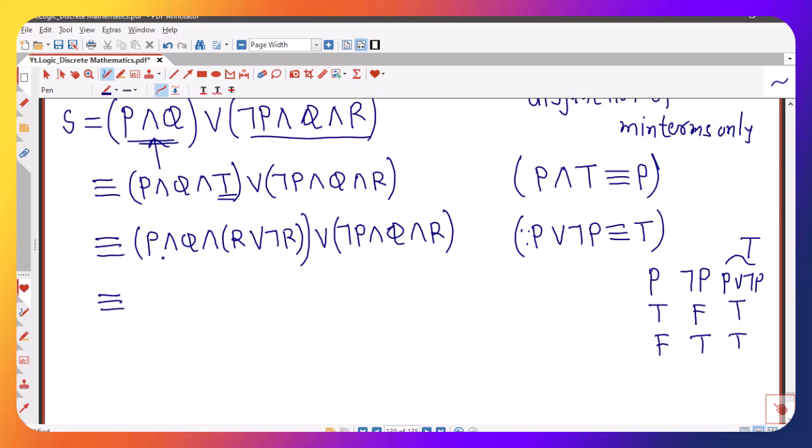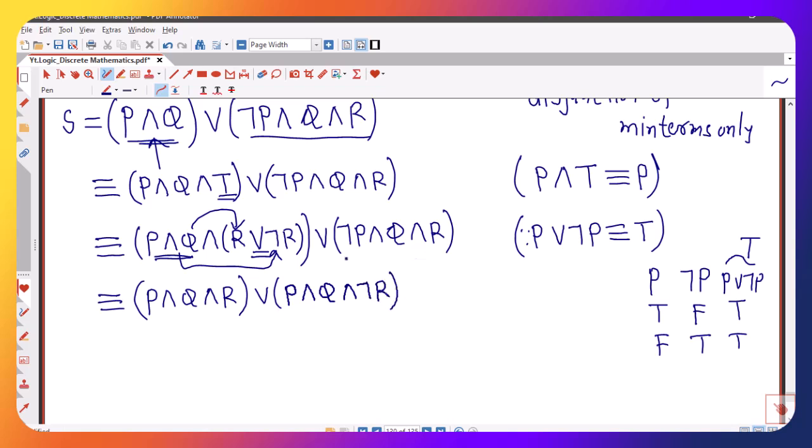Now we use distributive law: P and Q and R, and this disjunction in between, and P and Q and negation R, and this is as it is, or negation P and Q and R. So here we have used distributive law.